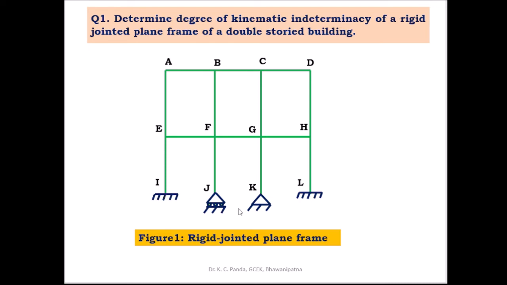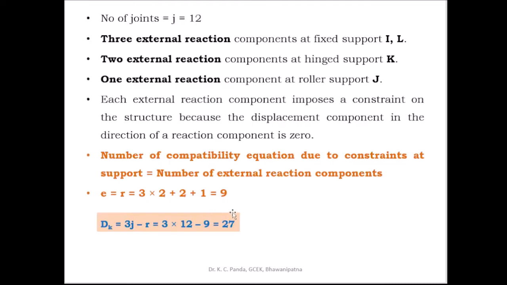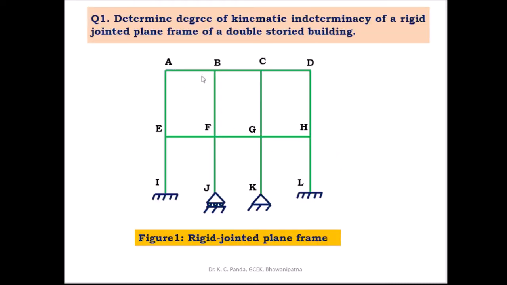So here how many? 27. 3 plus 3 plus 3 plus 3, 12 numbers, and again 3 plus 3 plus 3 plus 3, 12 numbers. So total 24 from these. And here 2 displacements take place, 26, and here 1 rotational displacement takes place, 27. So the total 27 are the independent displacements on the structure.